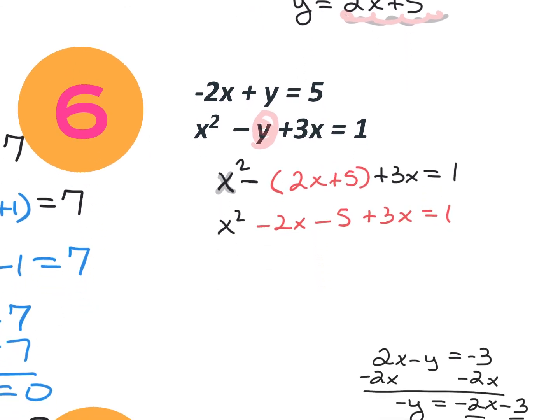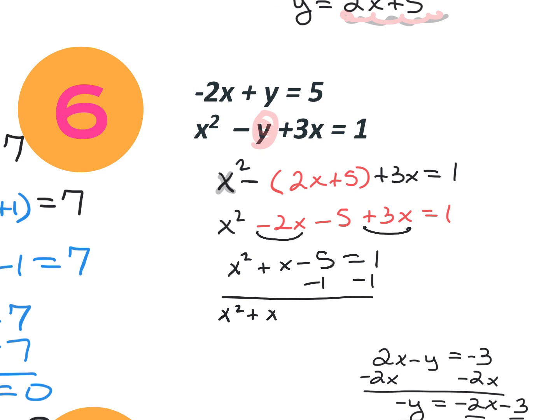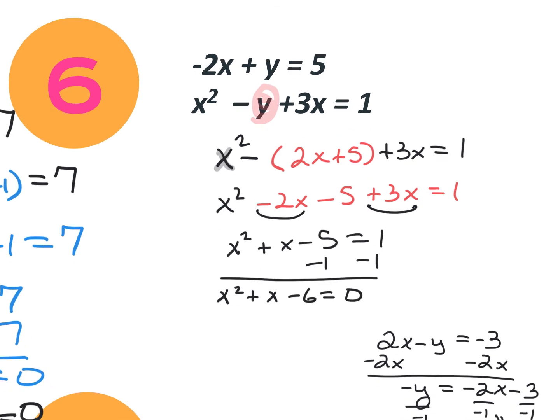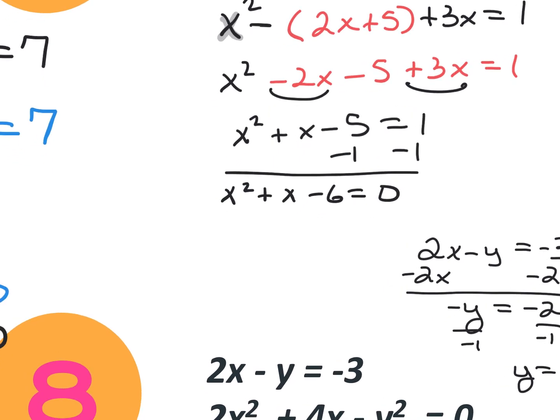And now I can combine my like terms. I've got a -2 and a +3 that I can combine together. And I get x squared plus x minus 5 equals 1. Move the 1. X squared plus x minus 6 equals 0. I now have a trinomial that I can factor.